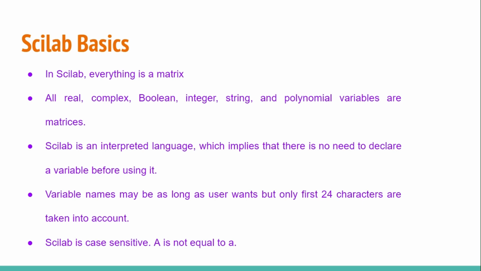You can use real, complex, boolean, integer, string, and polynomial variables for that. Scilab is an interpreted language, which implies that there is no need to declare a variable before using it. Whenever you take any variable, Scilab automatically considers it as a matrix.